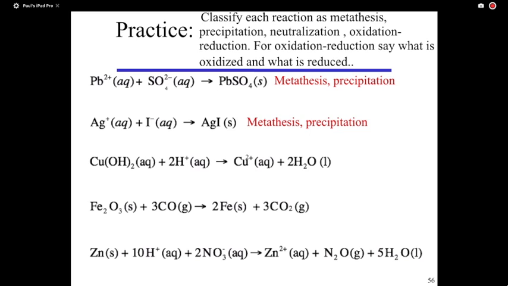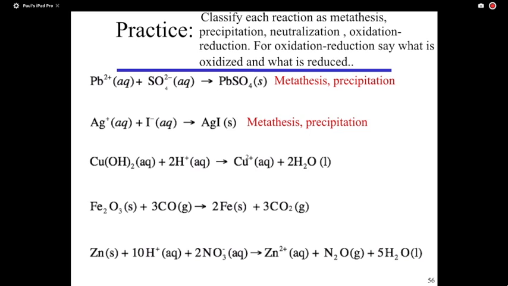There is no precipitation because you didn't form a solid, so it's not that. Copper starts as a plus 2, ends as a plus 2. Hydrogen is a plus 1, and in the end is a plus 1, so it's not redox.